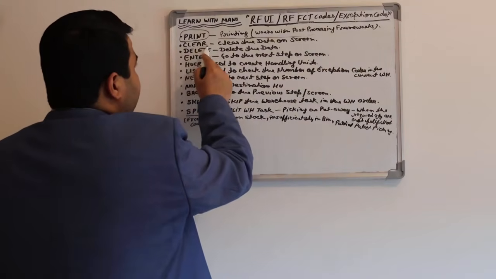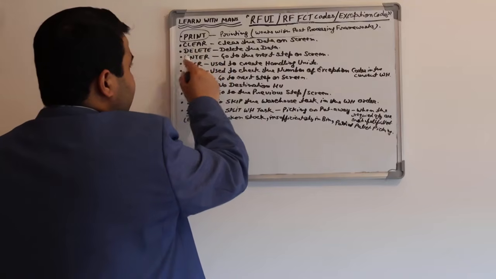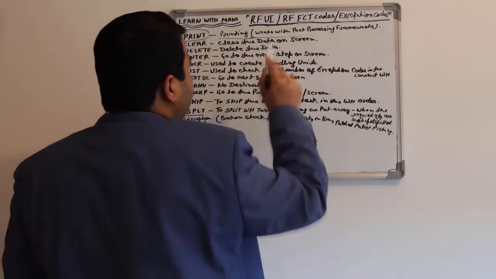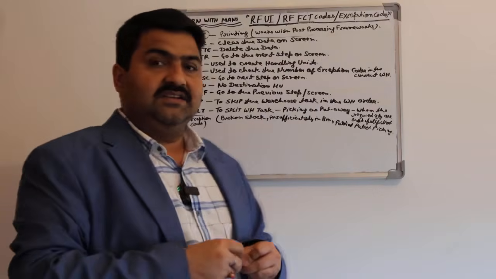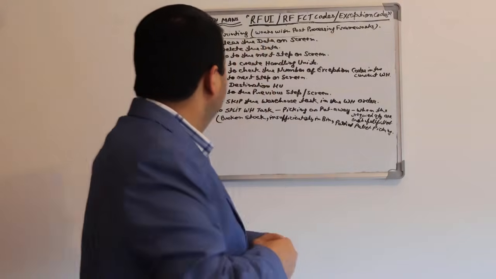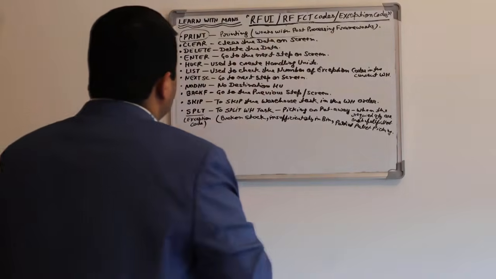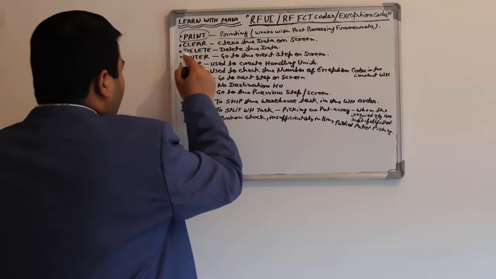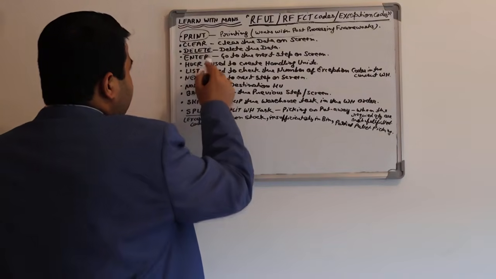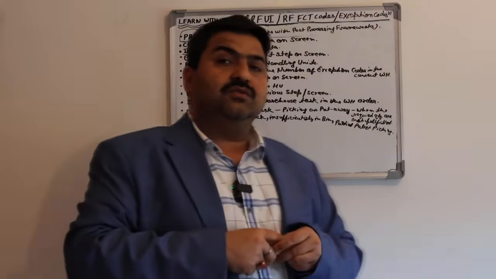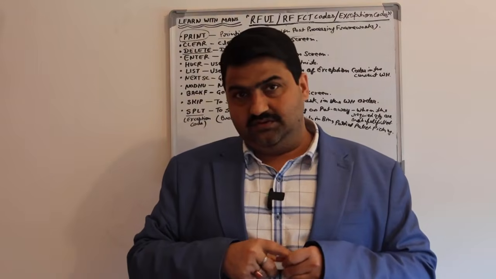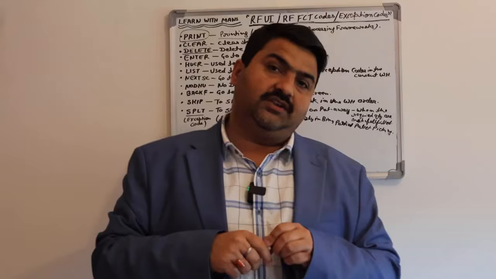Second, we have CLEAR. This FCT code we use to clear the data on the screen. Another FCT code we have is also a transaction code. What is a transaction code actually?